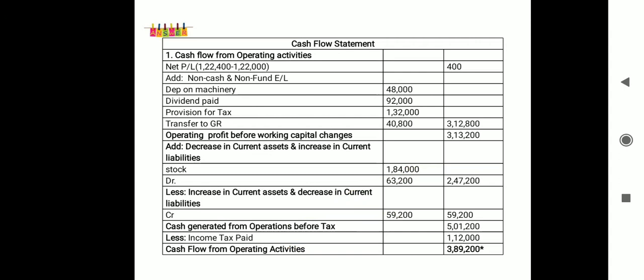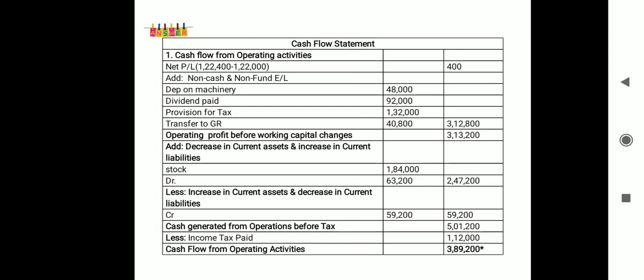Now finally we'll prepare the cash flow statement, where first we need to calculate cash flow from operating activities, and we start from the net profit and loss. Closing minus opening, profit and loss 1,22,400 minus 1,22,000 gives us the net profit of 400. Then we need to add back all our non-cash and non-operating expenses or losses, which we have already checked: depreciation on machinery, non-cash expense; dividend paid, non-operating expense; provision for tax, non-cash expense; and transfer to general reserve, non-cash expense.